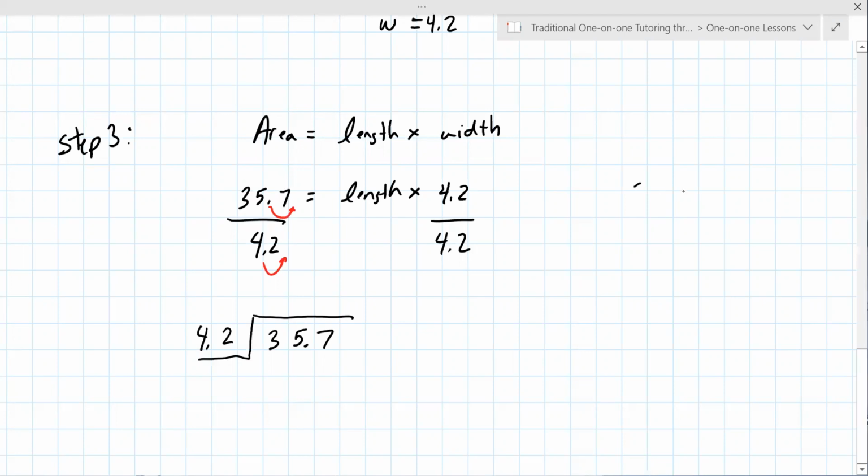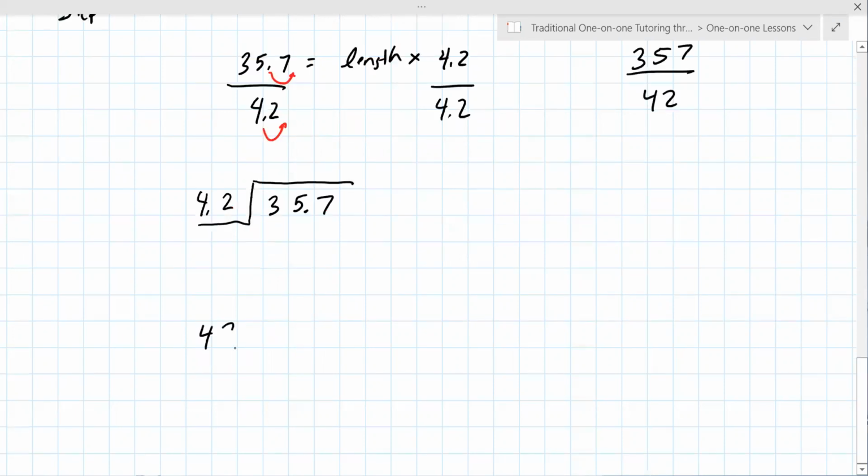Well, the order matters here. It's 357 divided by 42. I'm not trying to be critical of you, it's just that the order really does matter. Now this is a really tough one because 42 doesn't go into 3, and it doesn't go into 35, and 42 times 10, which is too big, is 420.